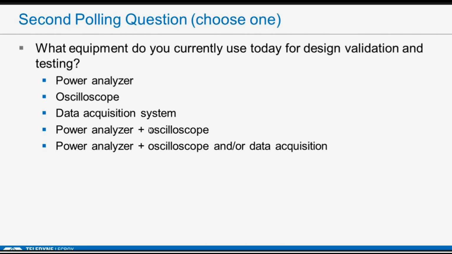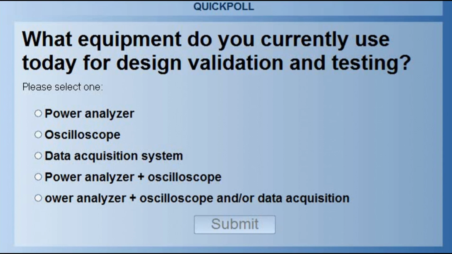And then maybe you use a power analyzer and a scope, or a power analyzer, a scope, and or some data acquisition system. So if you answer one of these questions for us, tell us what you're using, and then we'll proceed. So we're going to pause about 30 seconds or so for that.